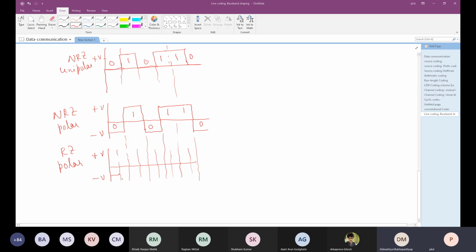So this is minus B, it goes to 0, it switches to plus B. At the middle, it goes to 0. Again, it is minus B. Switch to 0.